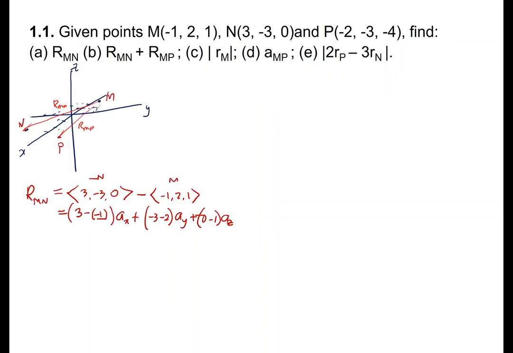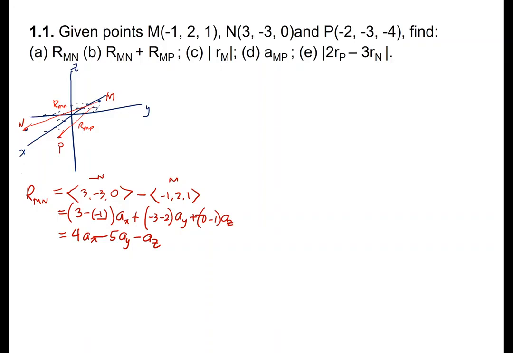Then we simply subtract them. So we have 4ax, then negative 3 minus 2 is negative 5 ay, minus az. That is your RMN. This is for your letter A.